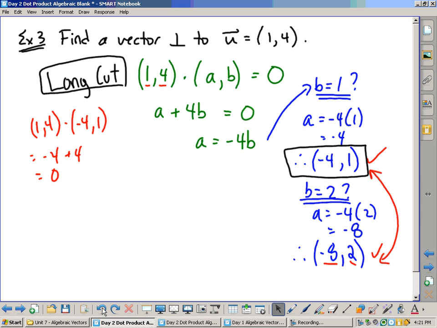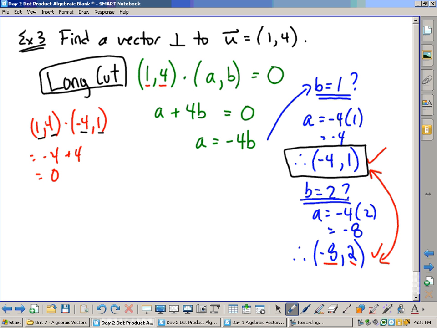Okay, first off, you'll notice that these numbers are essentially the same as these, but in opposite order. So we started with 1, 4, and you'll notice that these numbers are 4, 1. We need the opposite order because we need them both to equal 4, right? So 1 times 4 and 4 times 1 gets us a 4. Then in order for them to add up to 0, one of them has to be a negative.